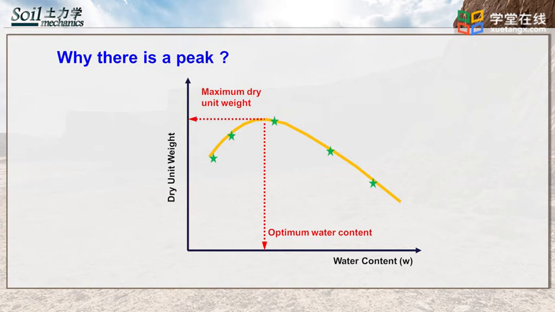Therefore, the dry unit weight after compaction first increases as the water content increases, and a maximum dry unit weight will eventually be reached at an optimum water content. Beyond the optimum water content, any increase in the water content tends to reduce the dry unit weight. This is because the water takes up the spaces that would have been occupied by the solid particles.